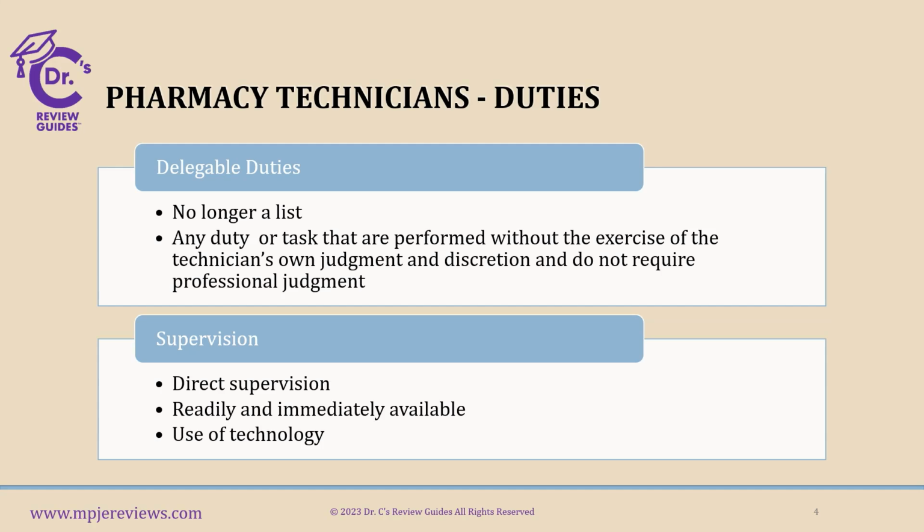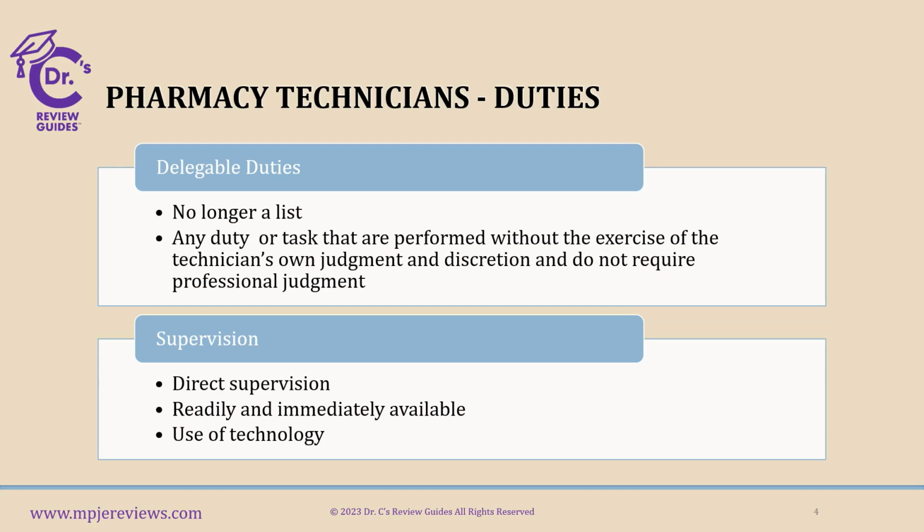Now, I put in the note there, it references that other rule where there used to be a list of non-delegable tasks. That list no longer exists. So this rule probably needs to be updated. This rule also goes into what supervision is required of pharmacy technicians when you do delegate tasks to pharmacy technicians. And what it says is you have to have direct supervision by a pharmacist.